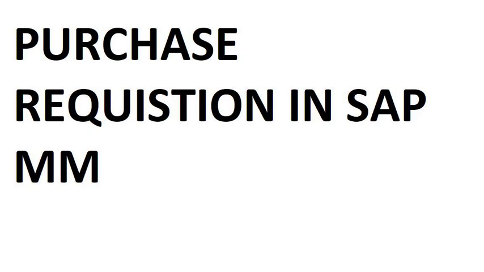Okay, so let's start creating a purchase requisition. We told ME51N is the T code which we are going to use to create a requisition.